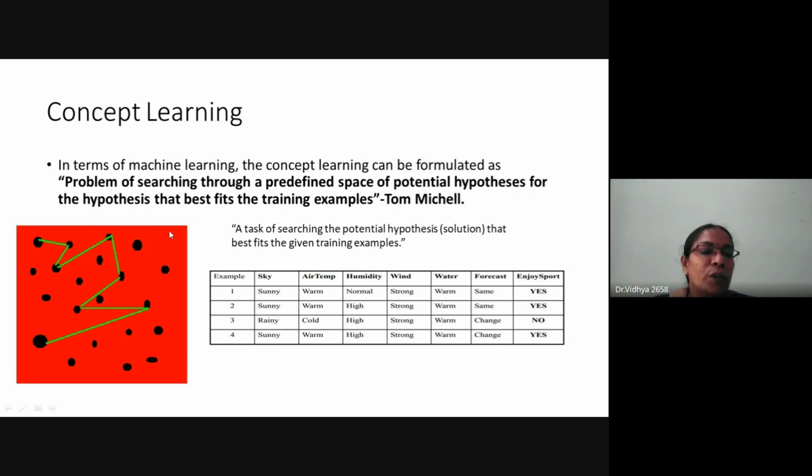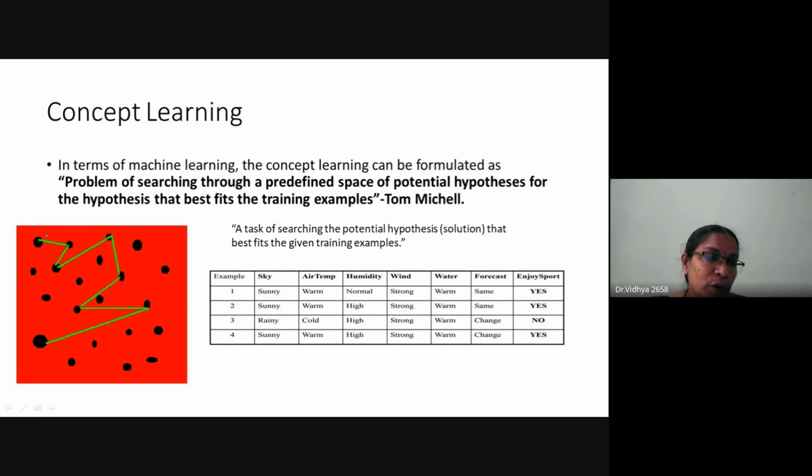From this image, you can see that we begin from the problem, then we approach various solutions, and we fix a solution which is best for the given problem. There we stop.